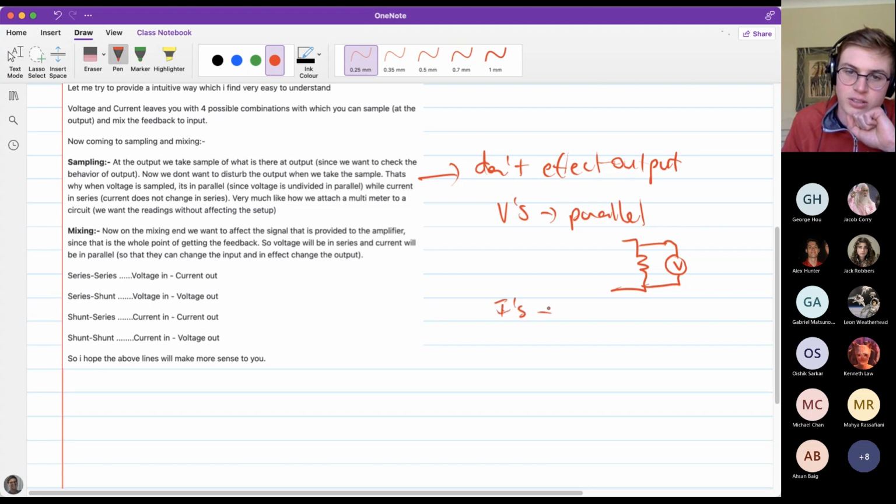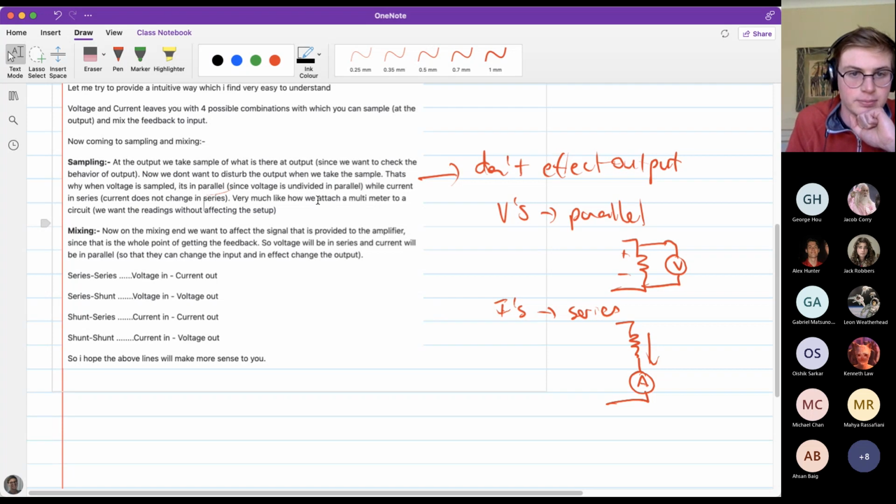And same for currents. So in currents, we put them in series so that we can just have a look at what is happening to the current. The exact same thing with the output. If we want to sample a voltage, we do it in parallel or in shunt. If we want to sample a current, we do it in series.